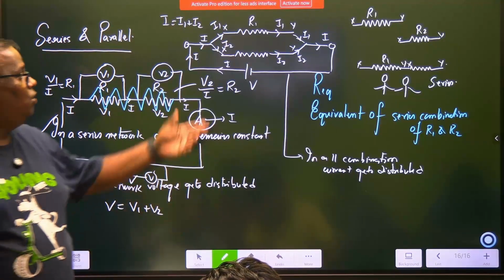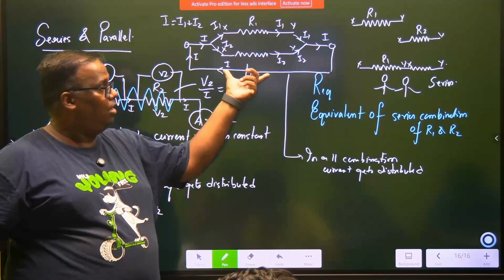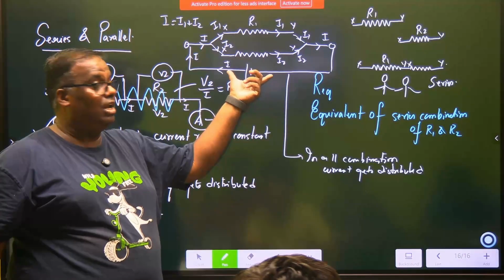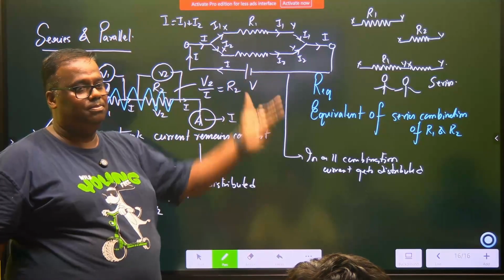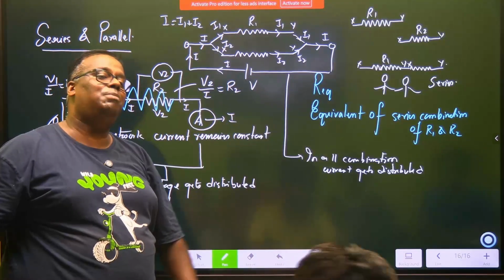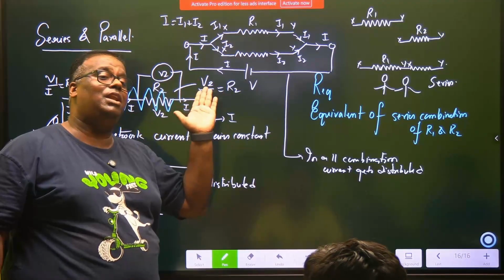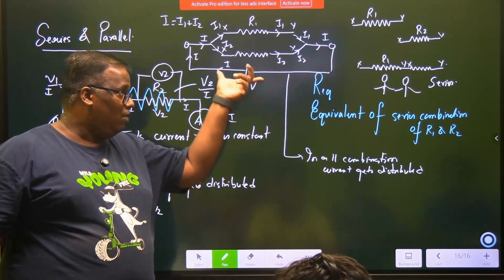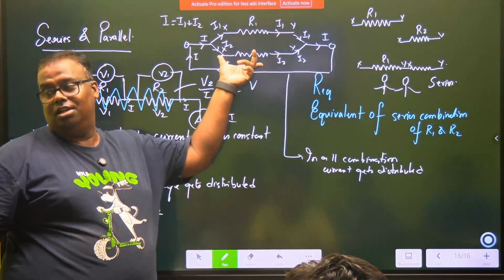Fine. We were having V voltage on this terminal. Look here. We have V voltage on this terminal. We have V out here. The same V is sensed by R2.